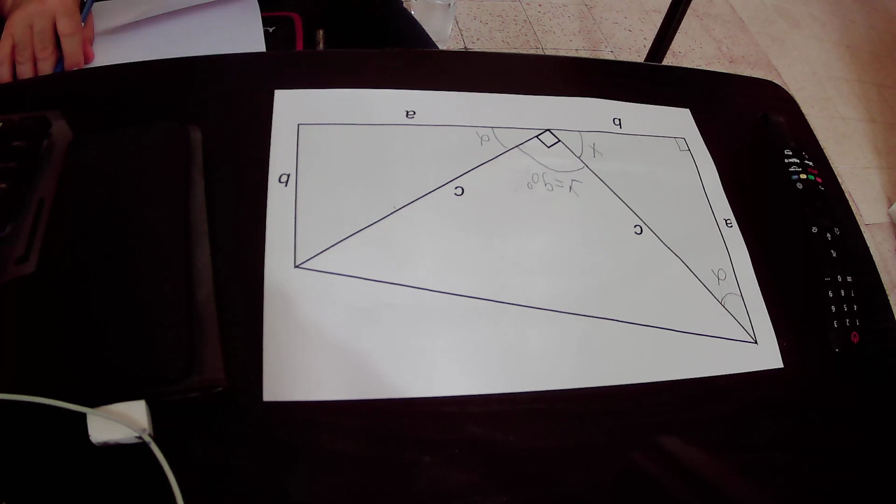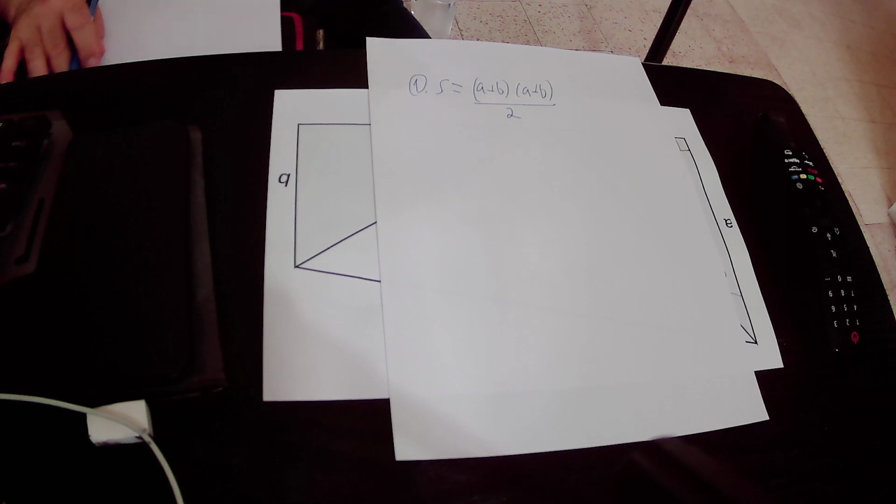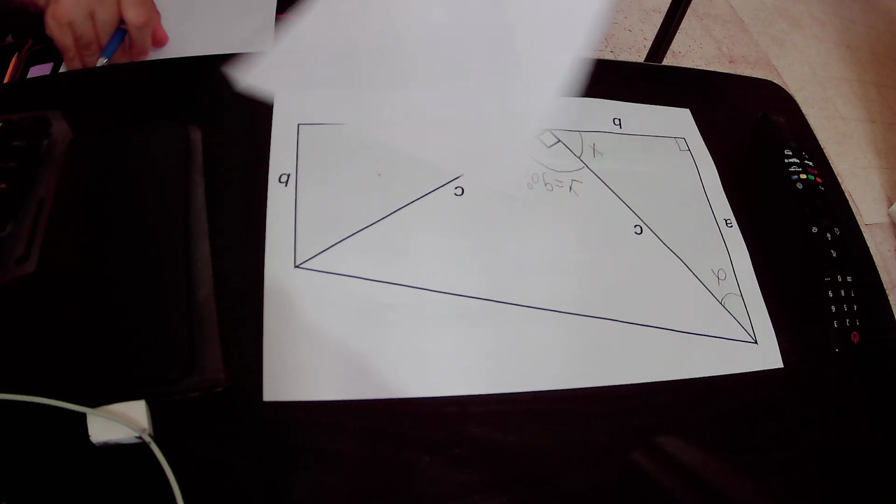So the area of the trapeze in the first way of calculation is the sum of the parallel sides of the trapeze, that is A plus B, times the height of the trapeze, that is also A plus B, divided by 2. So that is the area of the trapeze in the first way of calculation.